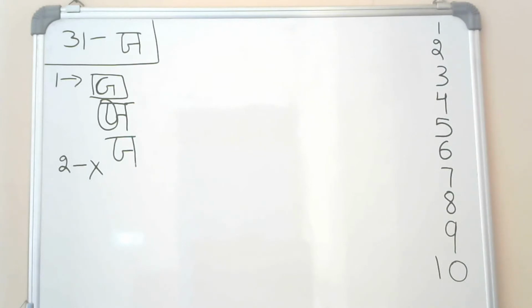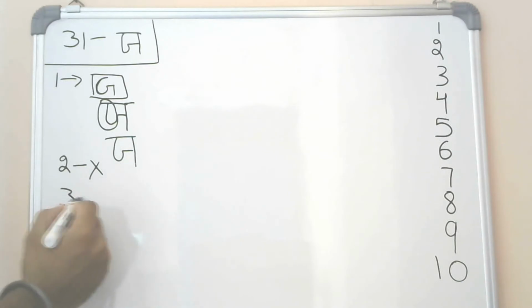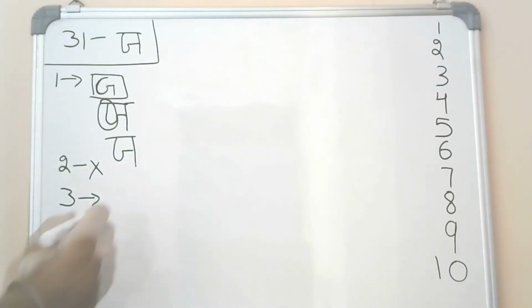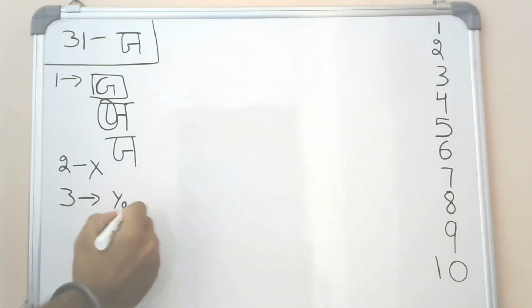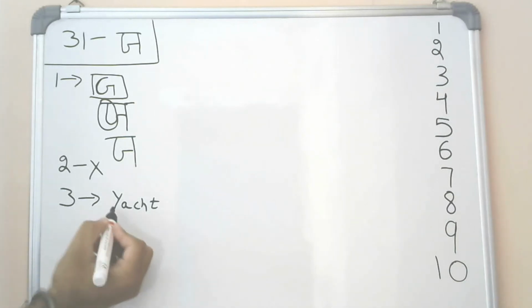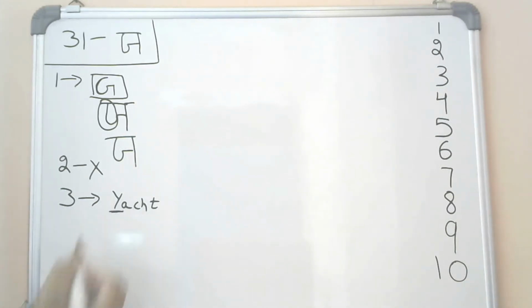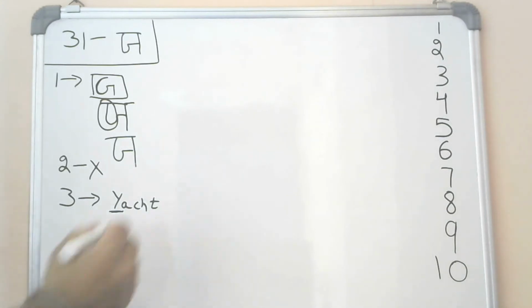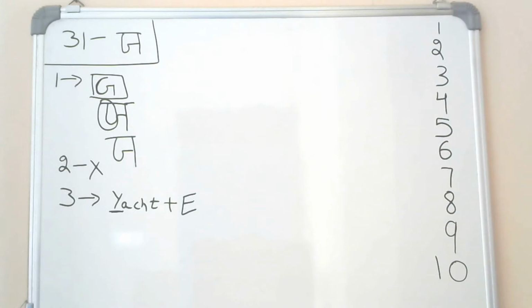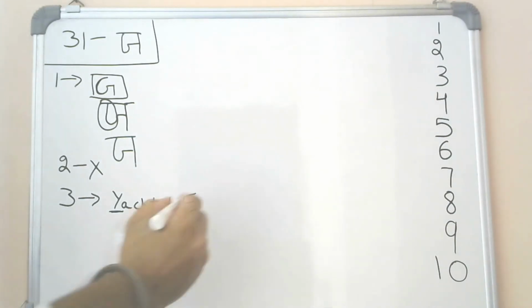Third step is how to pronounce this letter. It is again very easy to pronounce this letter. We have this word, yacht, right? From yacht, I am going to get the sound of y, like here, and then I am going to add E, English letter E, then ya.